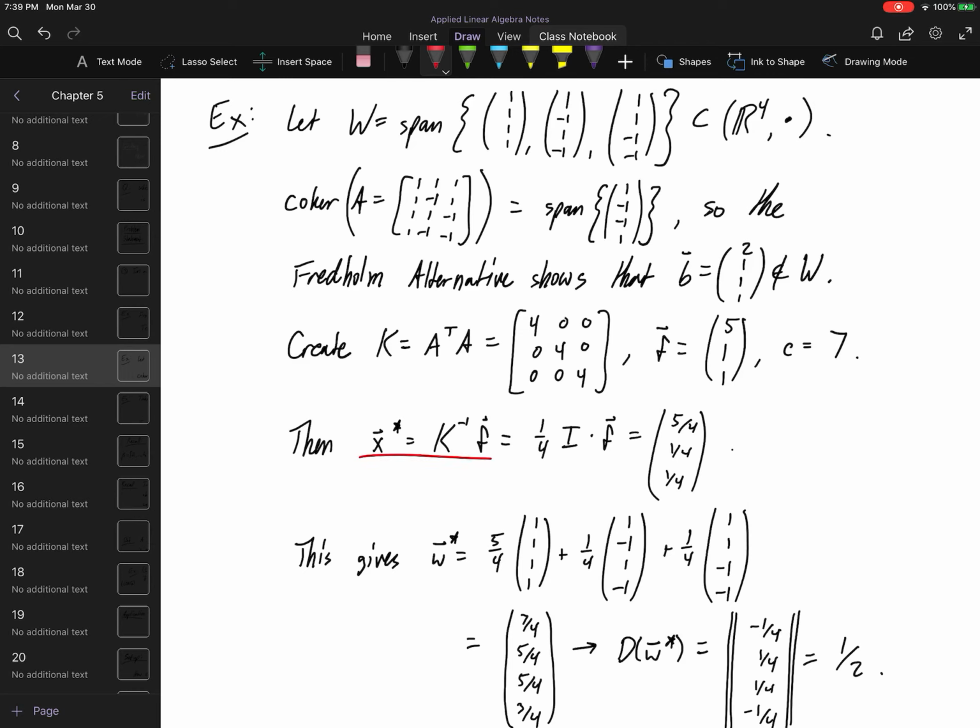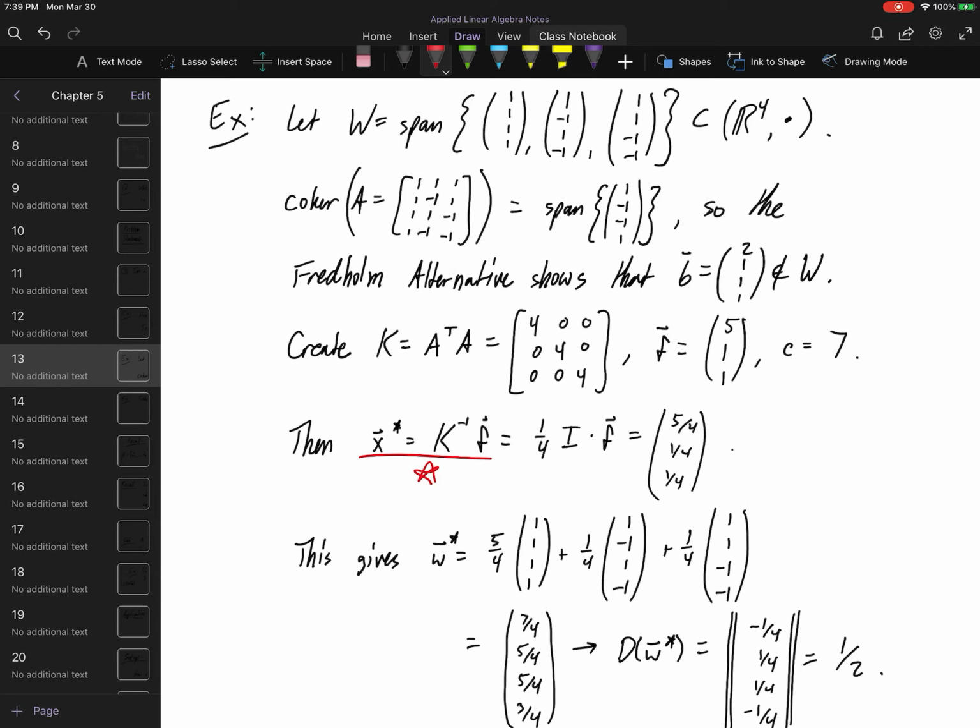And we know that the solution for the minimum distance that B is away from that subspace is given by these weights that are computed as K inverse times F. K luckily enough is just a diagonal matrix, so inverting it is as simple as flipping over each of the elements along the diagonal.